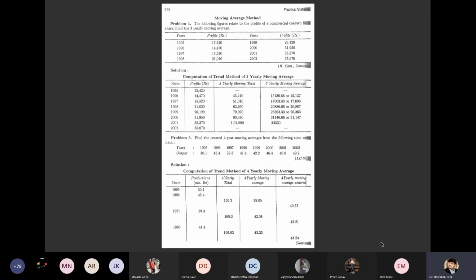That entity is to be written exactly in between these 4 years. Exactly in between these 4 years means it will come somewhere between 1996 and 97. You have kept a blank line between 96 and 97, so you have to write this 156.2 exactly in that blank line.